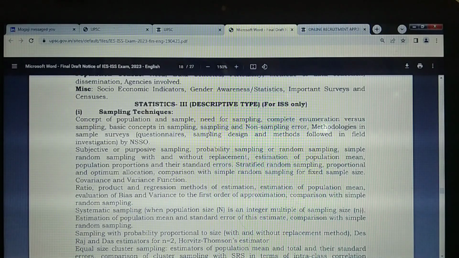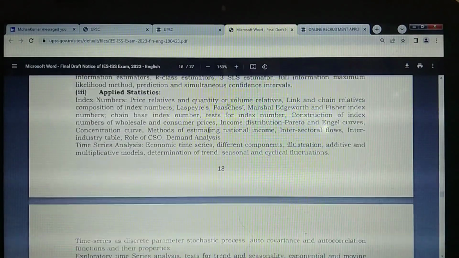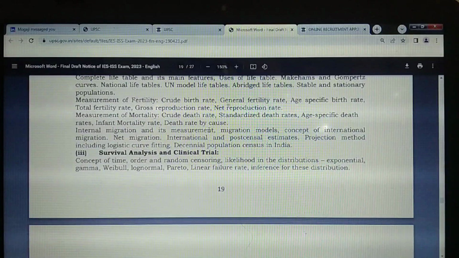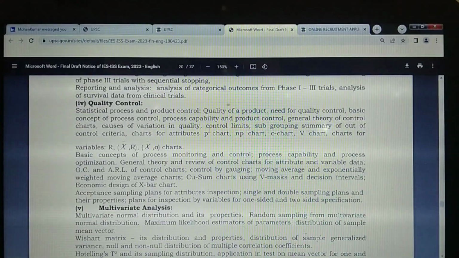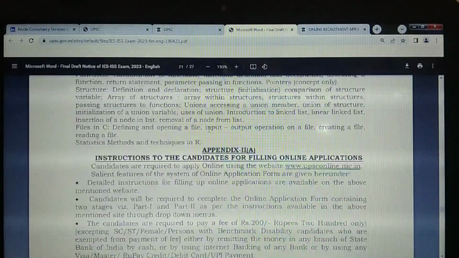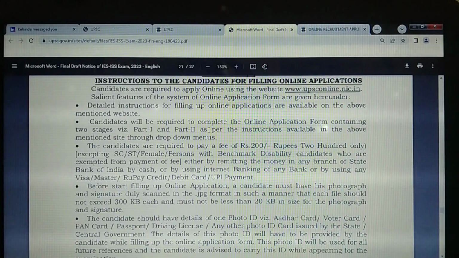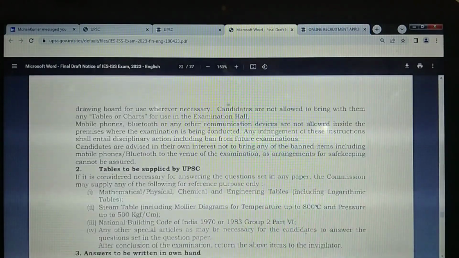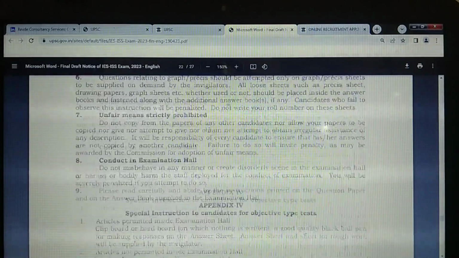Statistics paper second and statistics paper third are also for ISS only. You can read the syllabus. Statistics paper fourth, descriptive type, is for ISS only. This is the syllabus for the study.